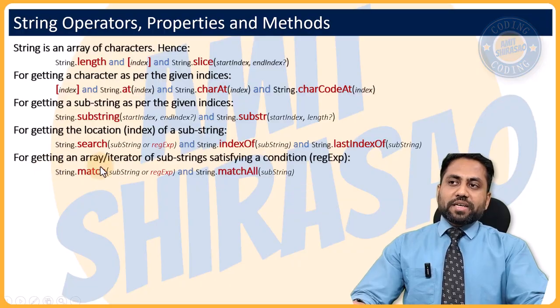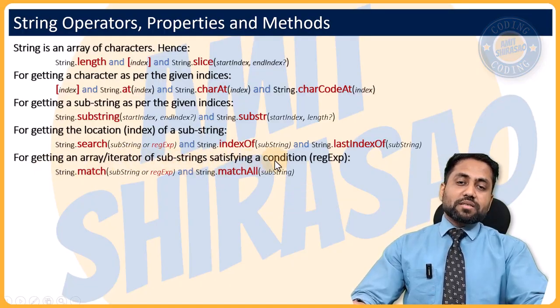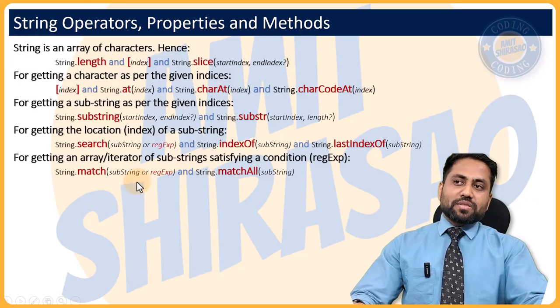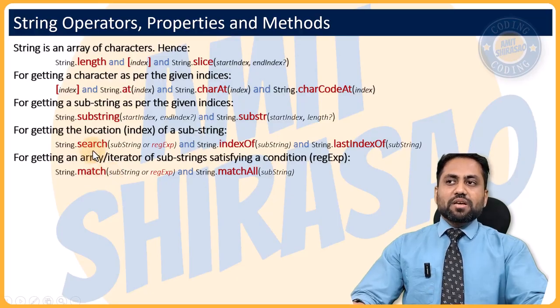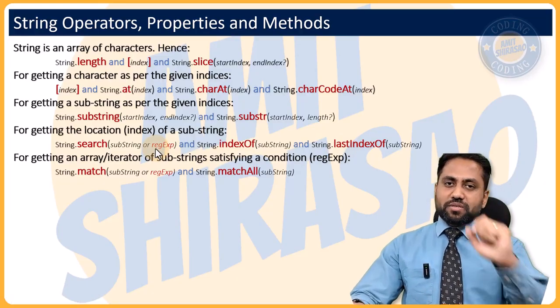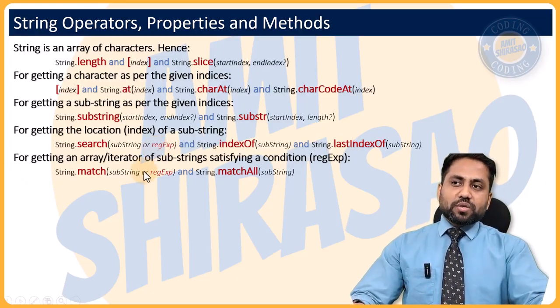Then for getting an array or iterator of substrings satisfying a certain condition, there are match and matchAll. Just like you write your search, you write your match. But search, indexOf, and lastIndexOf give you a number, the index where it is found, and here it does not give you that.